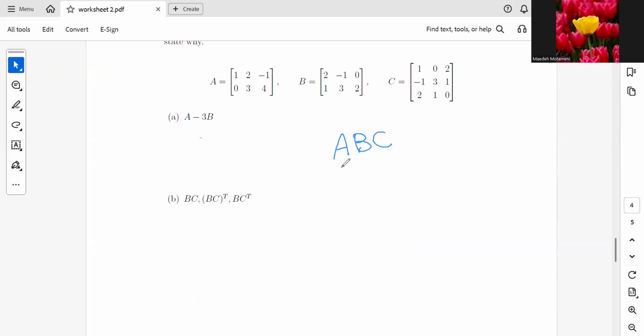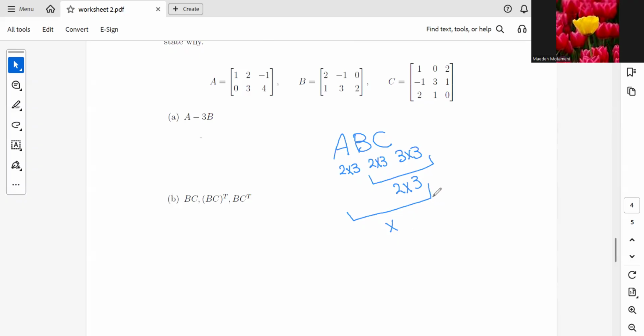A is of the size 2 by 3, B is of the size 2 by 3, and C is of the size 3 by 3. We can multiply these together, and the answer will be 2 by 3. But we cannot multiply these two. So altogether, we cannot find the answer for A times B times C.